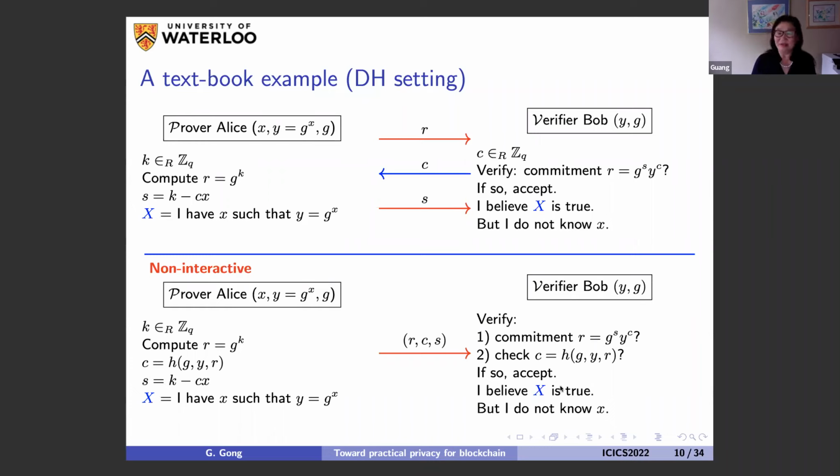Then he concludes he believes she knows X, but he does not know the private key X. If you have taken a cryptography course, you will know this is the Schnorr identification scheme, and the one below is the digital signature scheme.